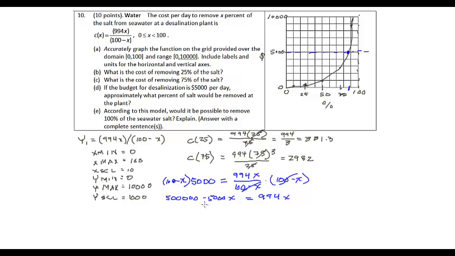And add 5,000x to both sides. This cancels. And on the right hand side I have 5,994x is equal to 500,000.